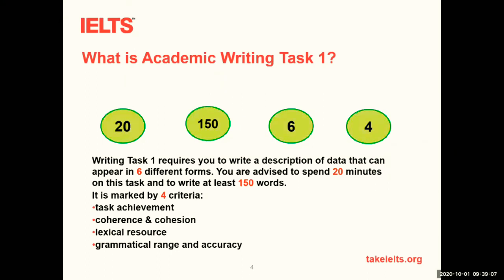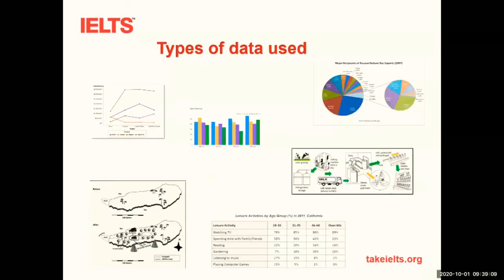Okay, so another little quiz for you. In the chat box, these are the 6 forms the data comes in. What's number 1? Okay, number 1, I've got the number up. This one here, if you can see, somebody's saying pie charts.